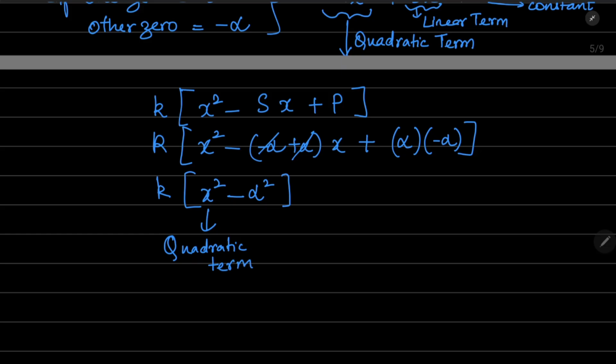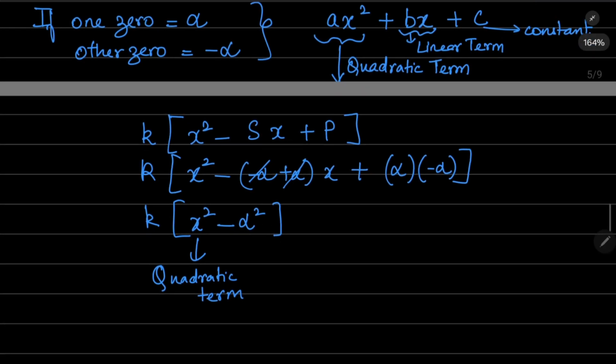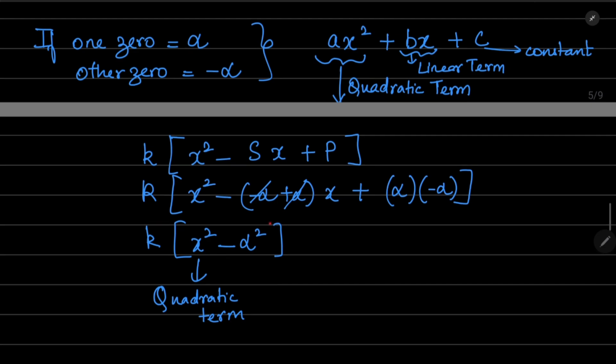So whenever one of the zeros is alpha and the other one is the negative of that zero, we do have the quadratic term. What is this alpha square? Do you have any x term? No. Alpha square is a constant term. So the constant term is there, but what is the sign? It is a negative sign.